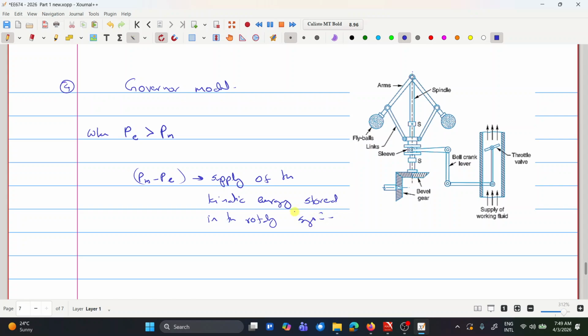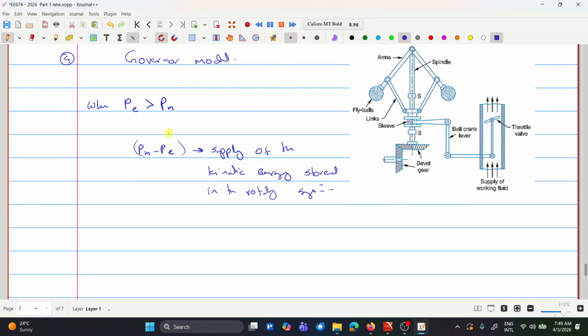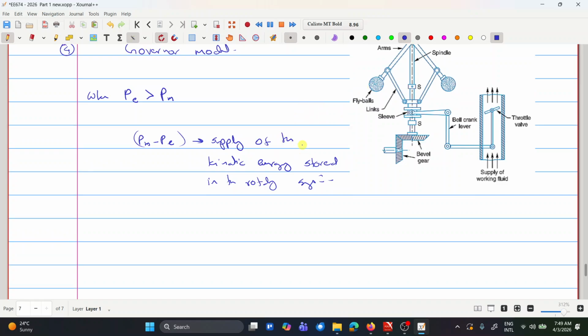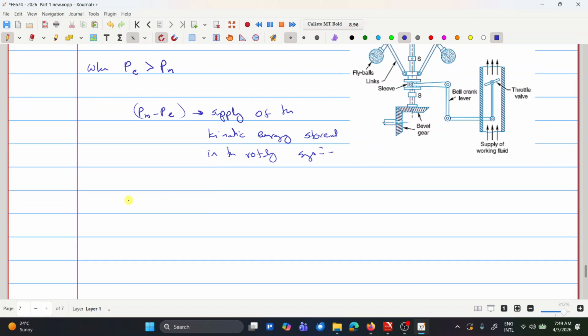We'll come to this later. So when you have excess or extra load, the power is going to the load through the kinetic energy already stored in the rotating system, that is, in terms of the inertia.